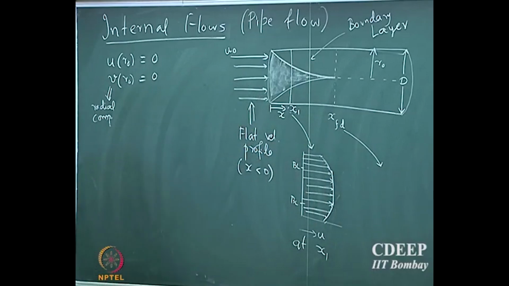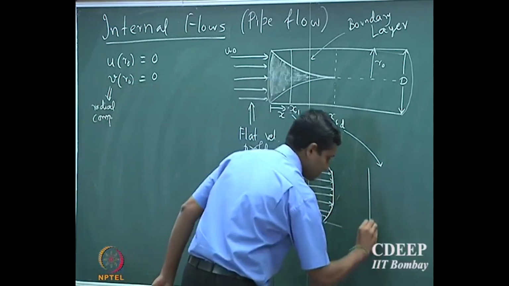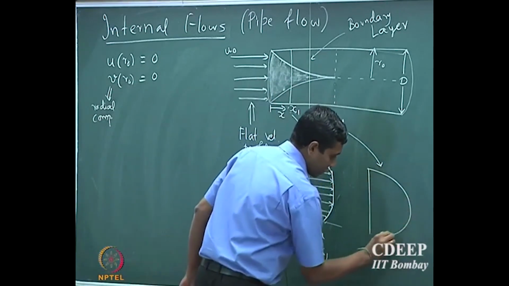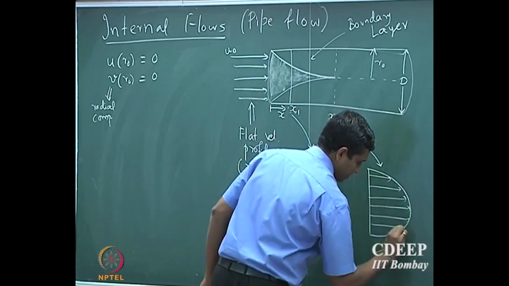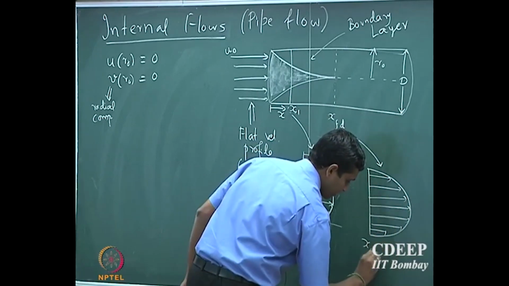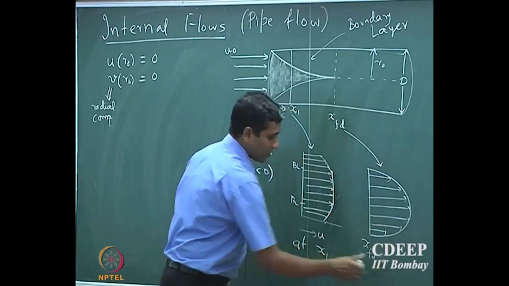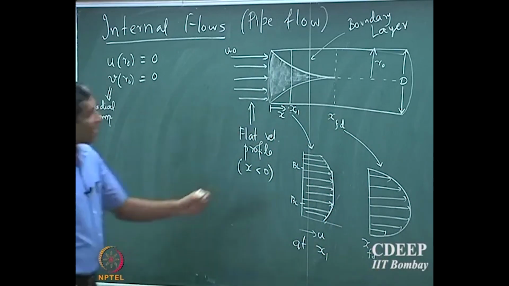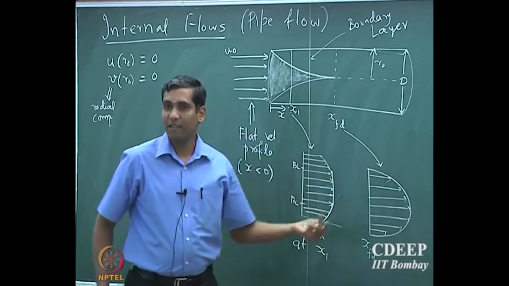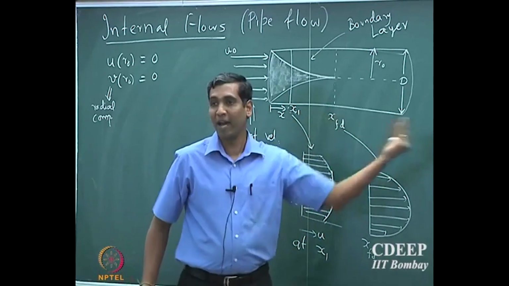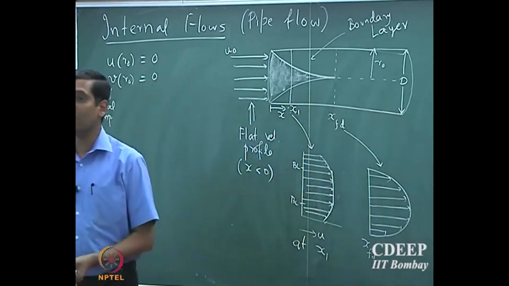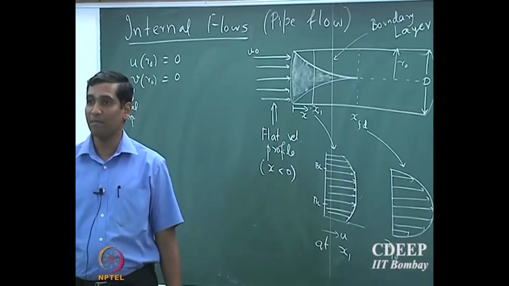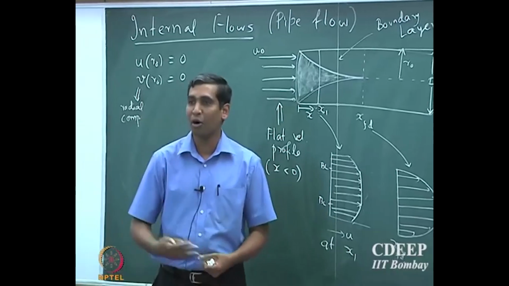Now if I look at the velocity profile at the fully developed regime, what I will have is a parabolic velocity profile. Anywhere after the fully developed regime, the velocity profile will continue to remain the same as long as the flow regime does not change.